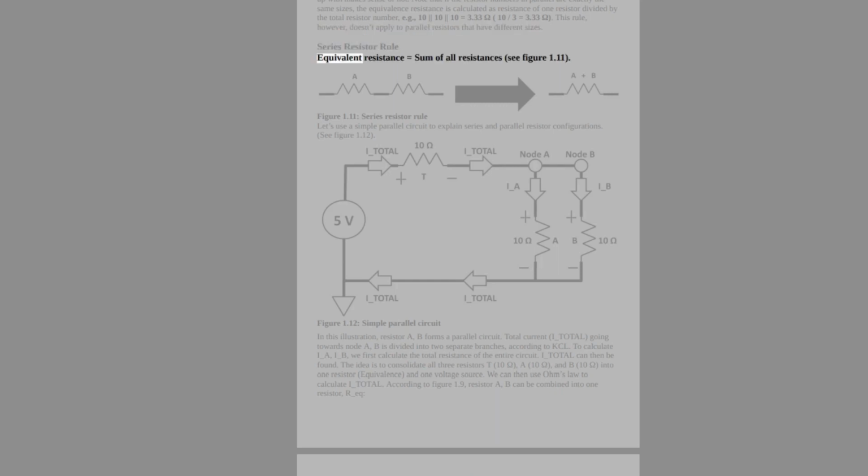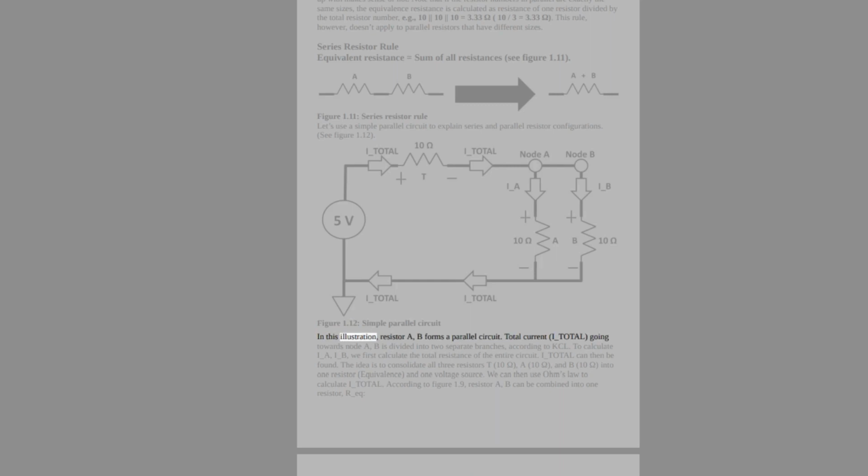Series resistor rule. Equivalent resistance equals the sum of all resistances, see Figure 1.11. Figure 1.11, Series resistor rule. Let's use a simple parallel circuit to explain series and parallel resistor configurations. See Figure 1.12. Figure 1.12, simple parallel circuit.